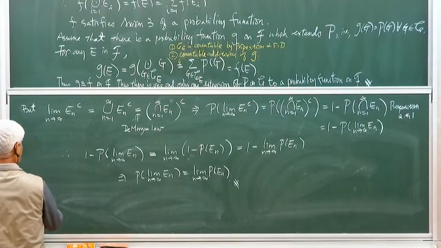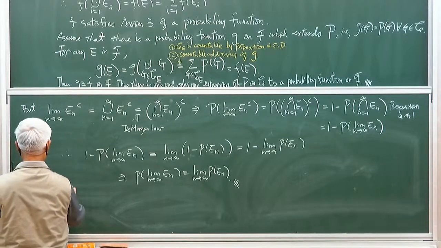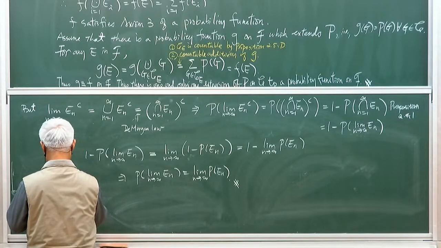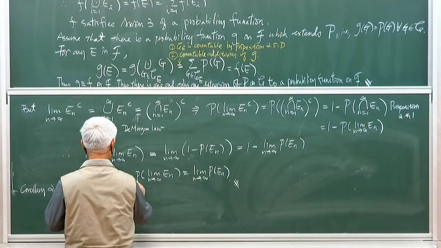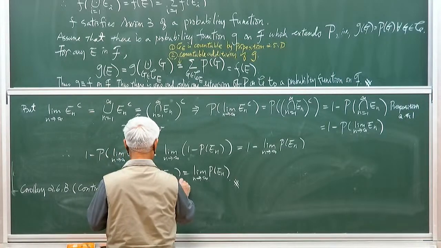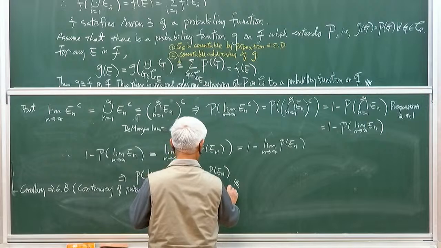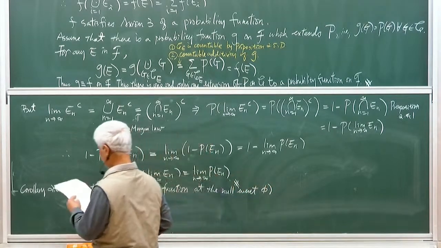Okay, and so there is a corollary 2.6.b. It's called continuity of probability function at the null event, the empty set.